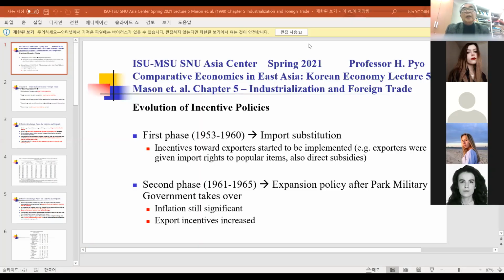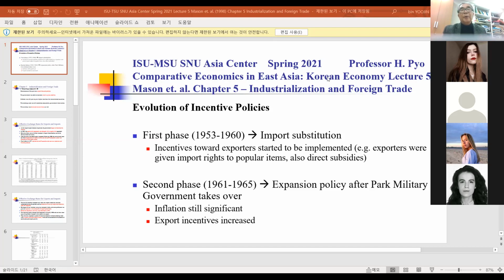Okay. Chapter 5 is much more verbal, easy to understand. Chapter 4 was a little bit difficult because of the growth accounting analysis you need to understand. But Chapter 5 is basically the sources of Chapter 4.